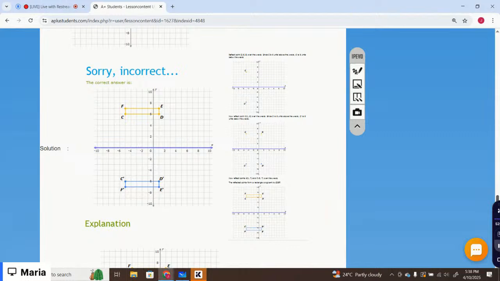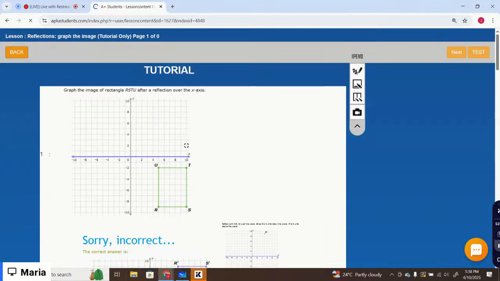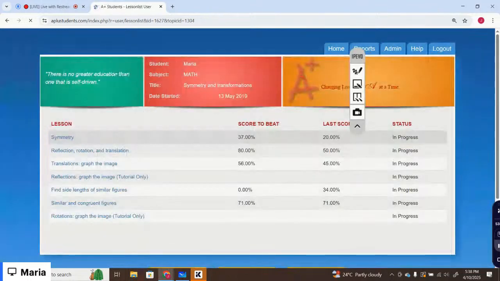Okay, so we were working on grade 6 math, the chapter symmetry and transformations.